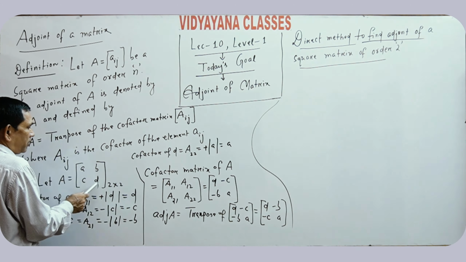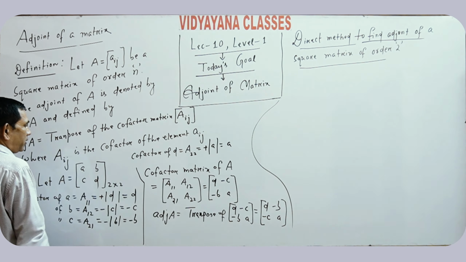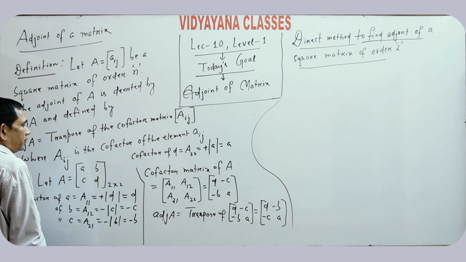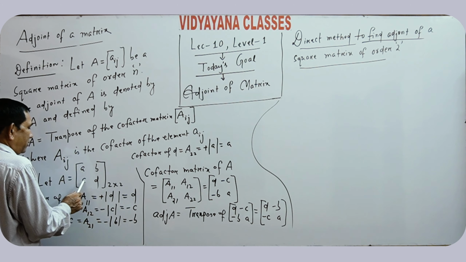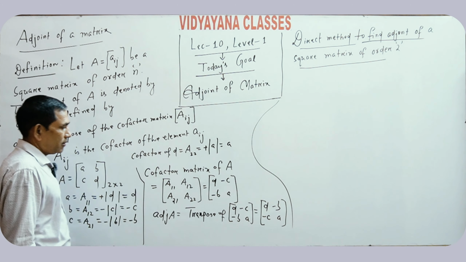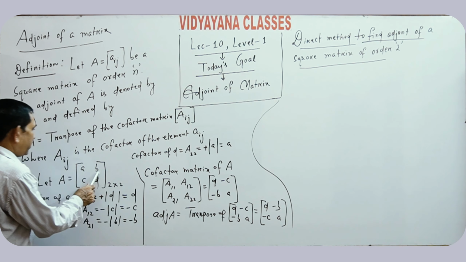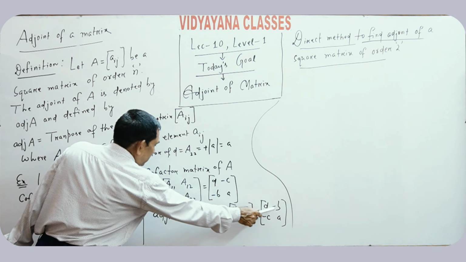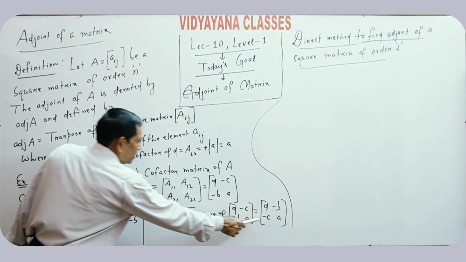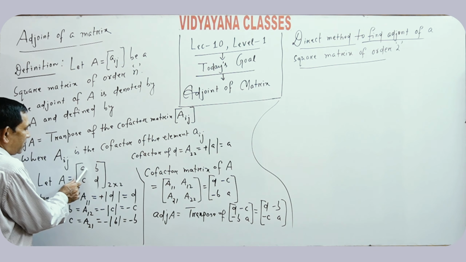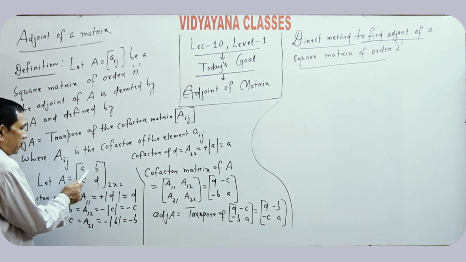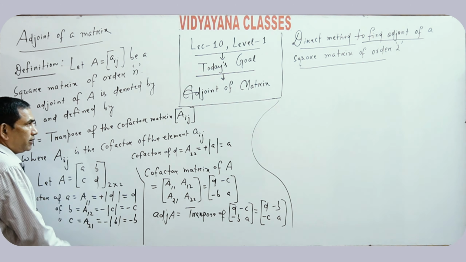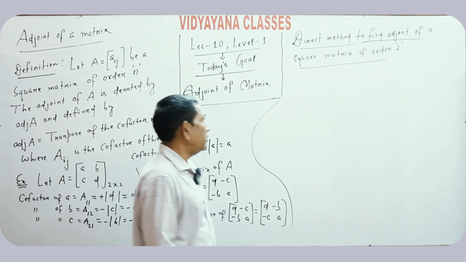A is replaced by D and D is replaced by A. And sign of b and c are changed. The sign of b is minus b, c is minus c. Place interchange of a and d.